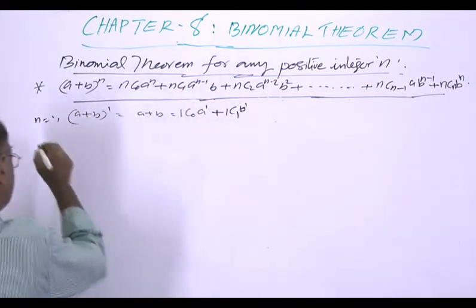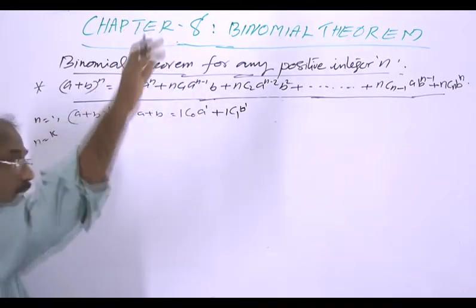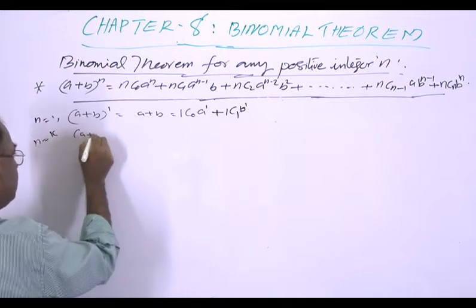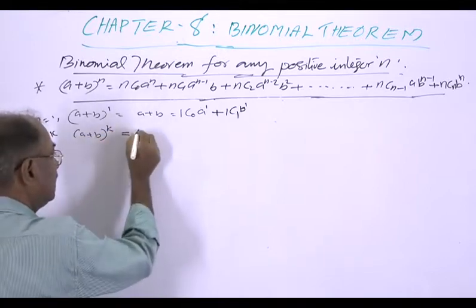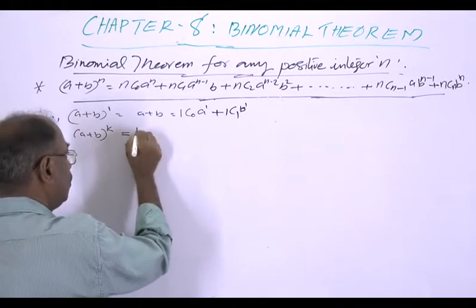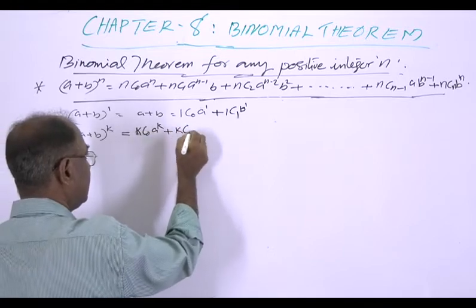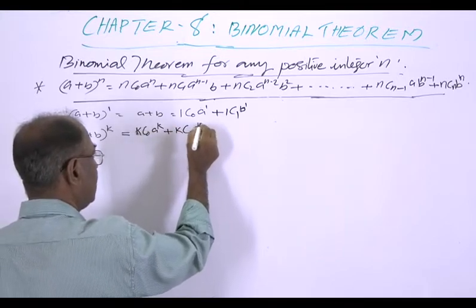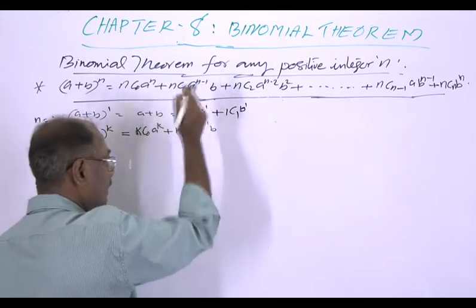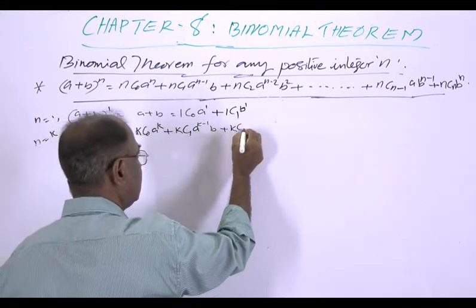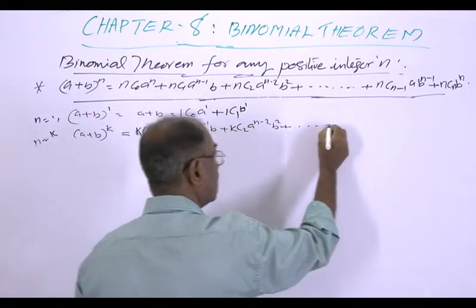Therefore, assuming the result is true for n = k, (a + b)^k is equal to kC0 a^k + kC1 a^(k-1) b + kC2 a^(k-2) b^2 + etc.